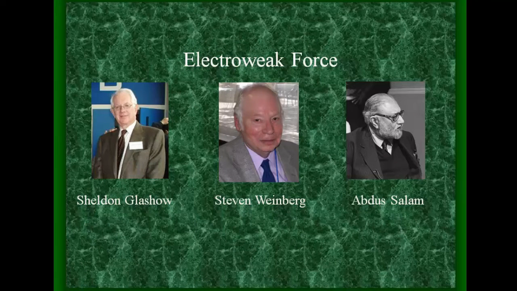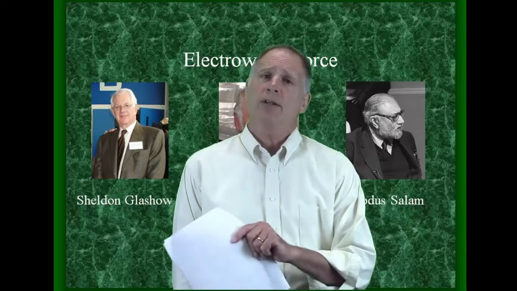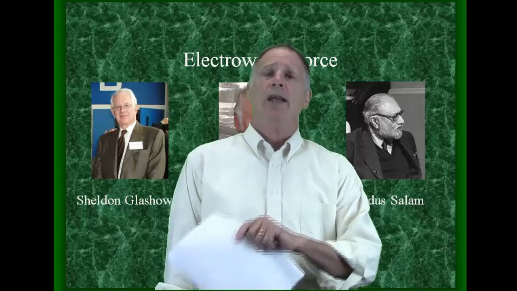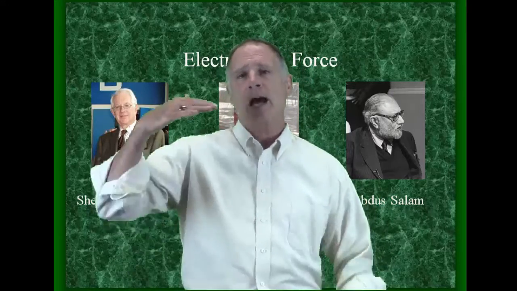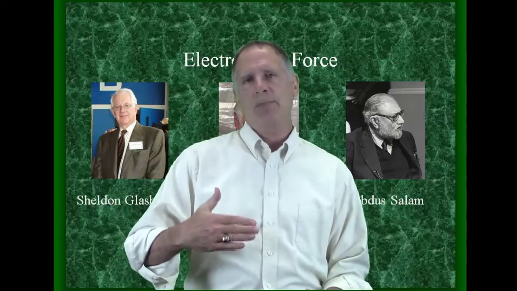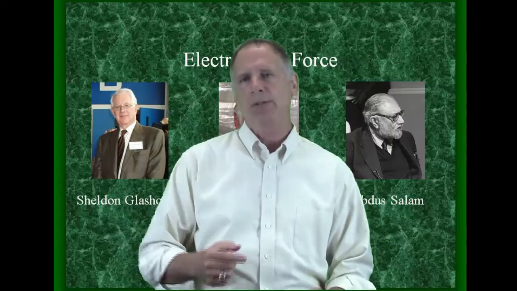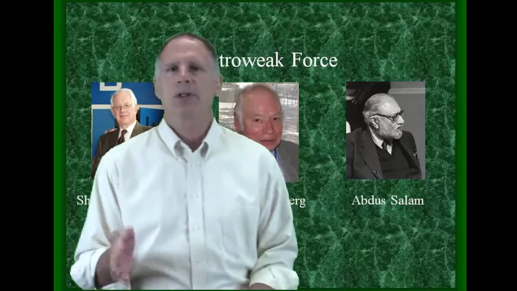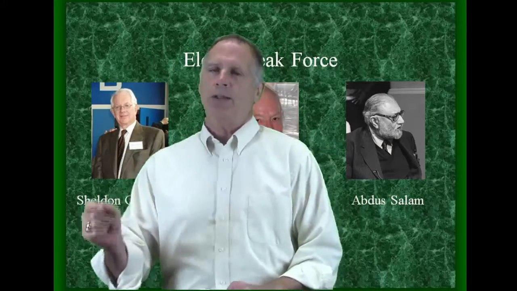The electroweak force was proposed in the 1970s, and the guys that you see here proposed not only that the weak and the electromagnetic forces were combined at the higher energies of the Big Bang, or shortly after the Big Bang, but they also predicted that some particles would exist that we didn't know about in the 1970s.